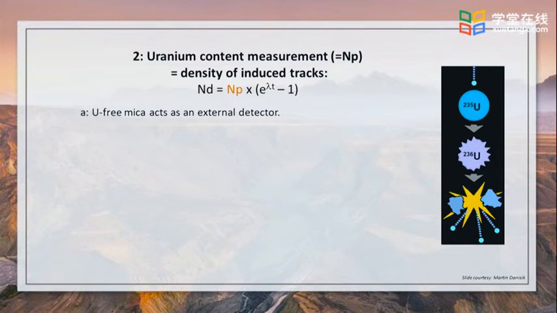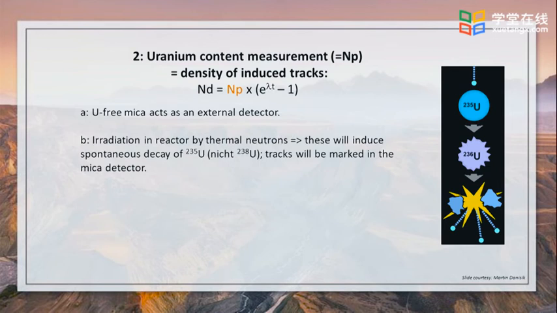Uranium-235 content is determined by irradiating the samples in a nuclear reactor with a relatively well-known dose of low-energy thermal neutrons. Higher energy neutrons induce unwanted fission of thorium-232 and uranium-238. During the irradiation, less abundant uranium-235 nuclei are artificially induced to undergo fission decay, producing a new set of tracks called induced tracks in the mica detector.